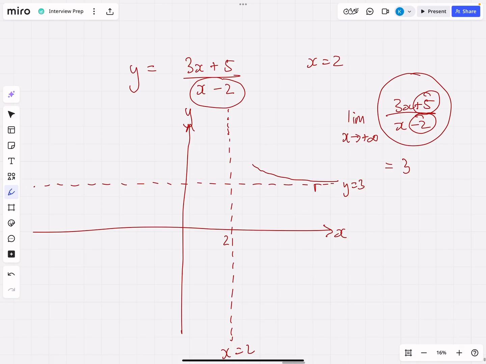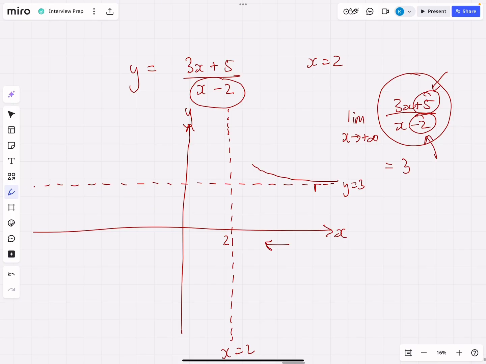And then as we get closer and closer to 2 from the positive direction, right, we have 3x plus 5, well, that's clearly going to be positive for x greater than 2. And for x greater than 2, we have x minus 2 is also positive.